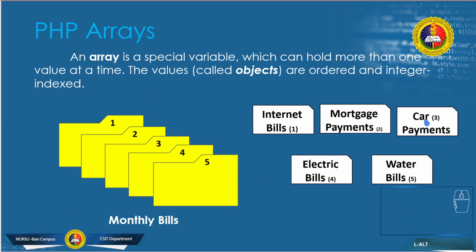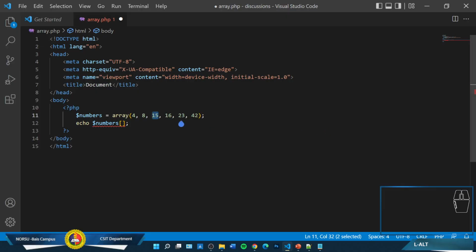For example, if I want to display the value 15, what would be the index? Three. Okay, let's try 3. Let's input the number 3 in there, meaning we're only trying to display the value that belongs to index number 3.